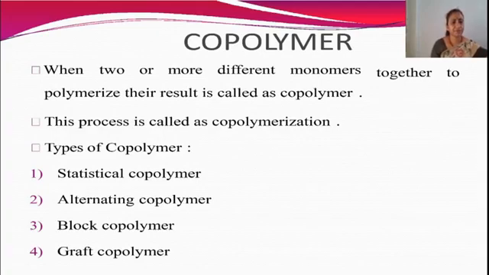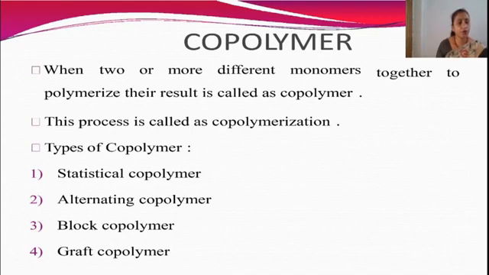In this, first one case is statistical copolymer. In this, repeating units are arranged in a random fashion. Alternating copolymer, a copolymer in which the two monomer units are placed in an alternate fashion is called as the alternating copolymer.